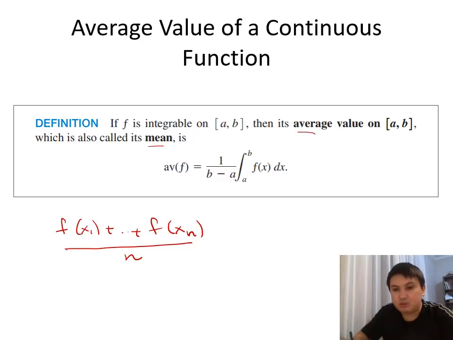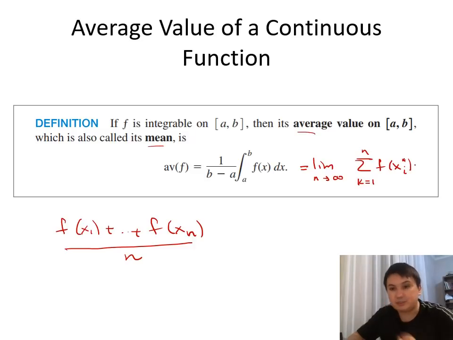But we have a continuous function, so instead of this whole thing, what we have is the limit as n goes to infinity. So this is the Riemann sum, k from 1 to n, f of, let's call it xi star, times delta x.